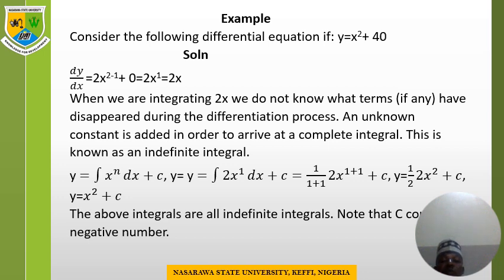This is the same thing as 1 over 1 plus 1 times 2x raised to power 1 plus 1 plus c, which is the same thing as y equals 1 over 2 times 2x raised to power 2 plus c, which is the same as y equals x raised to power 2 plus c. The above integrals are all indefinite integrals. Note that c could be a negative number.